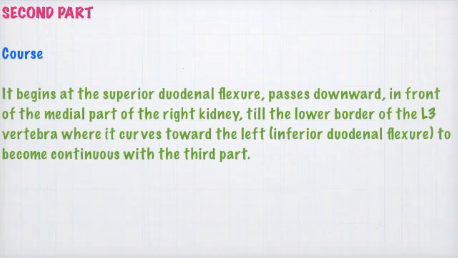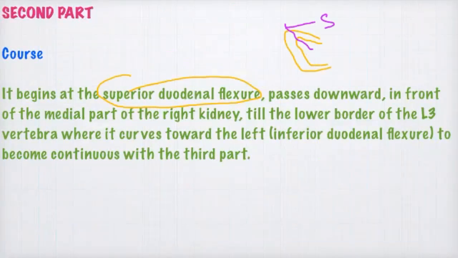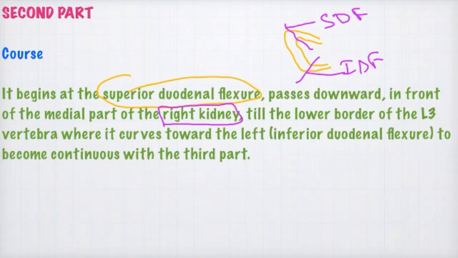Coming to the second part, it begins at the superior duodenal flexure, right? So it is like that, right? This flexure is called the superior duodenal flexure, and here it is called the inferior duodenal flexure. It runs downward in front of the medial part of the right kidney till the lower border of L3, where it goes towards the left.